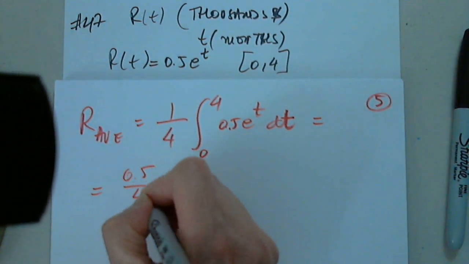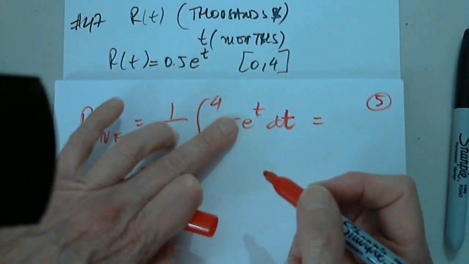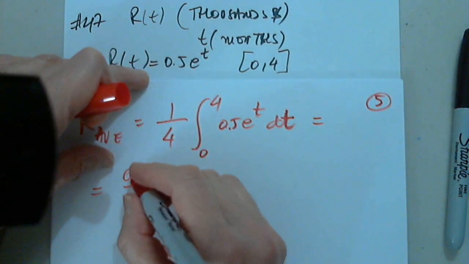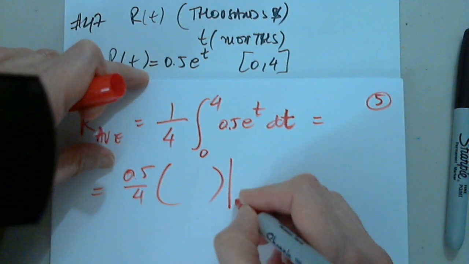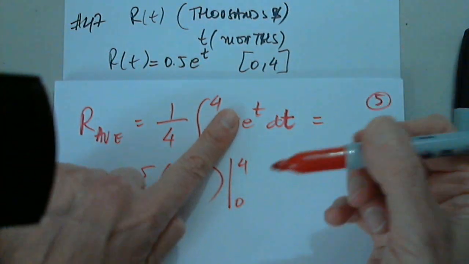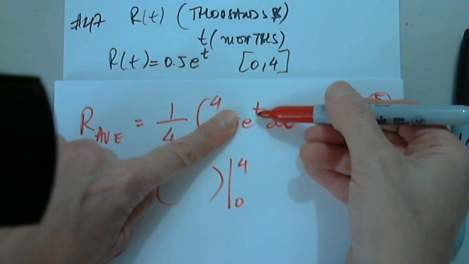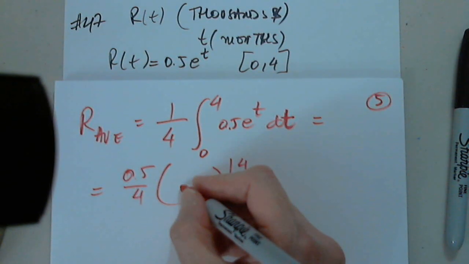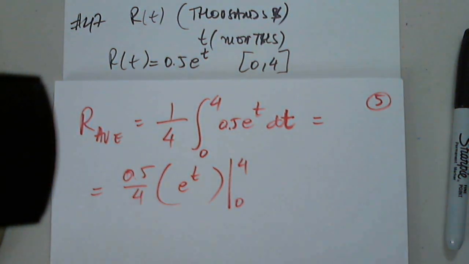So 0.5 over 4. And now I'm asking myself, which function prime is e to t? This is always the easiest. E to t. Exactly. Careful now.